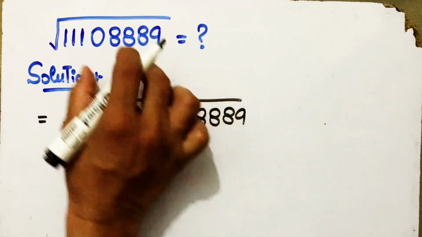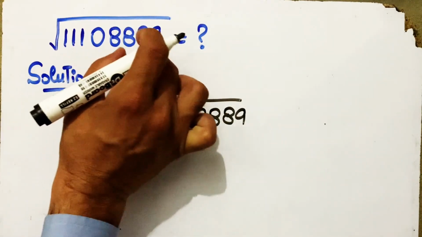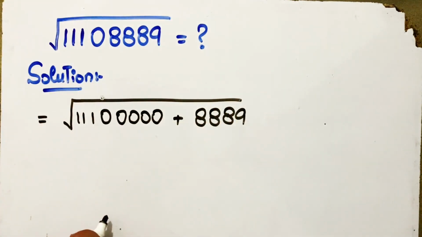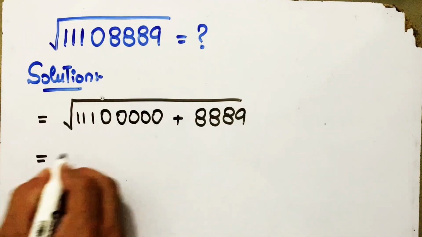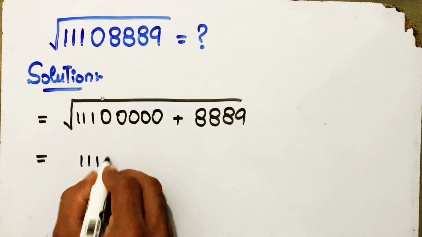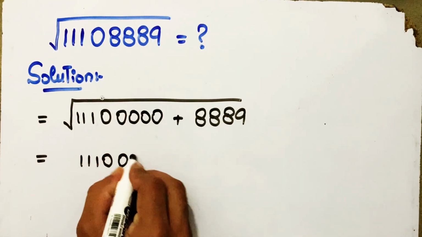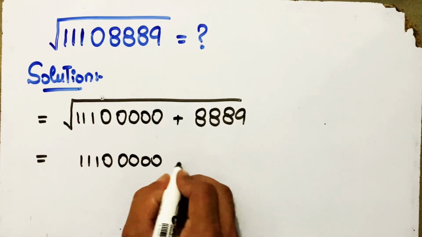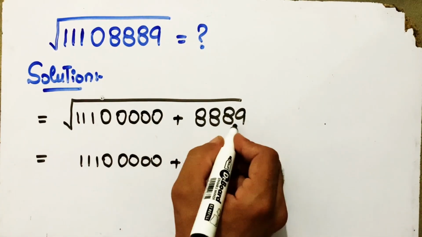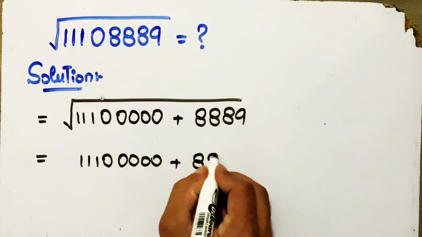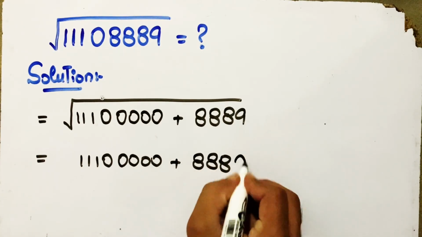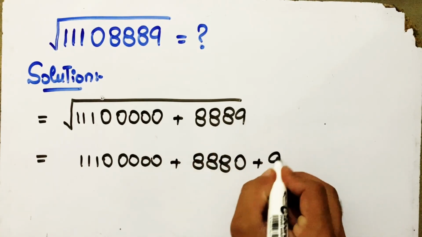This is equal to 1 triple 1 0 triple 8 and 9. If I further solve our equation, it becomes 1110 and all of that 1 2 3 4 0 here. So plus this term also becomes 0 8 8 8 0 plus 9 becomes 9 here, square root here.